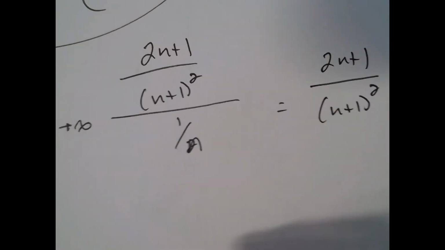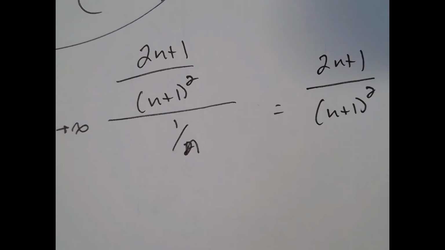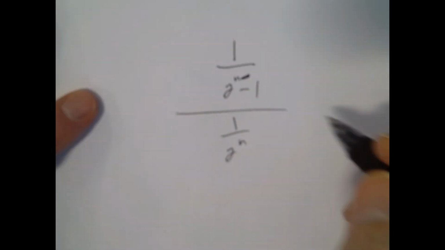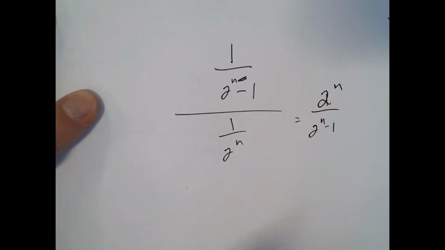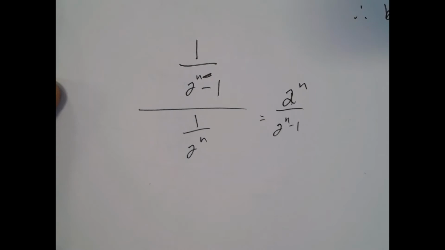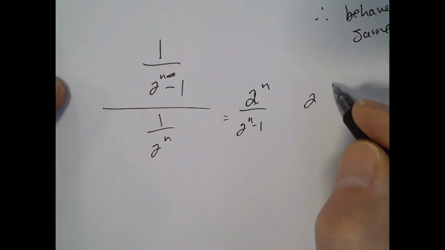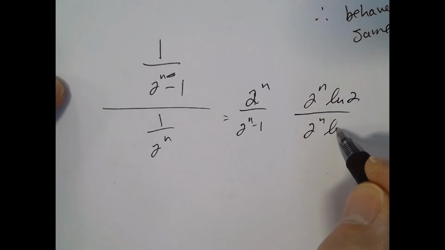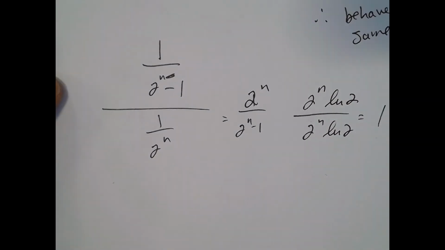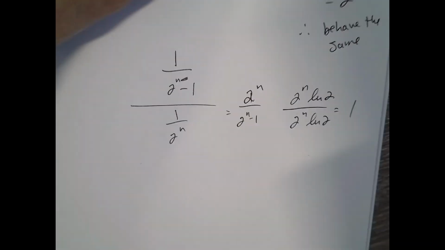So I have 1 over 2 to the n minus 1 over 1 over 2 to the n, which is 2 to the n over 2 to the n minus 1. We could do L'Hopital's. So the derivative of the top is 2 to the n natural log of 2. Derivative of the bottom is 2 to the n natural log of 2. We end up getting 1. They're basically the same thing. Okay, so they behave the same because we got a number.